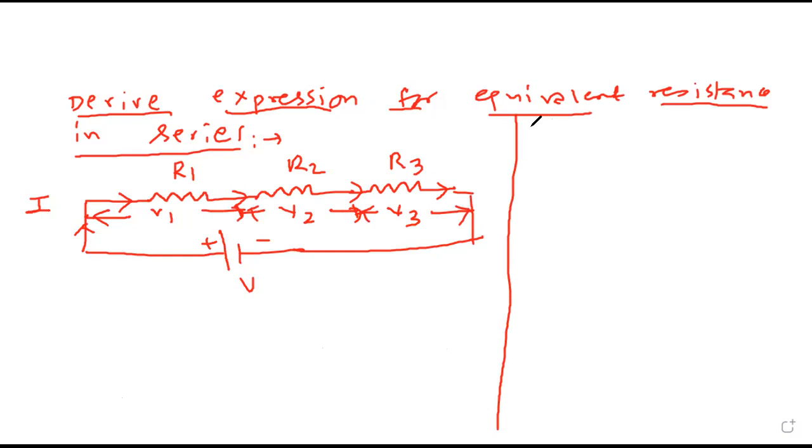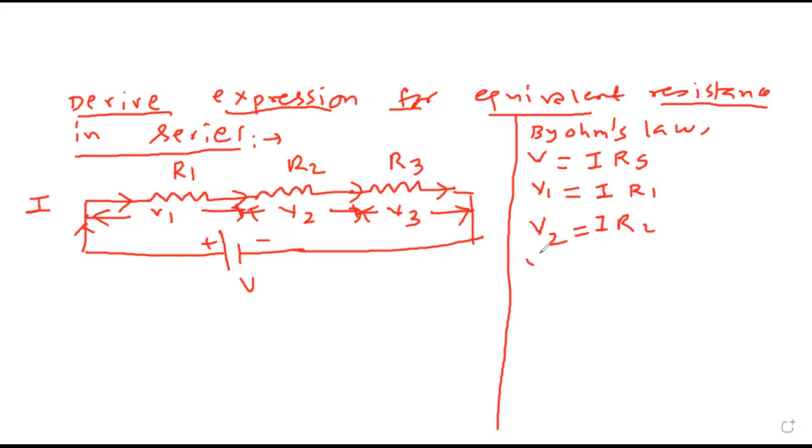So we can write by Ohm's law, total voltage V is total current I into total resistance Rs. Whichever quantity is changing, I am writing that value here. So V is changing. Therefore, V1 will become I into R1. V2 is I into R2. V3 is I R3.